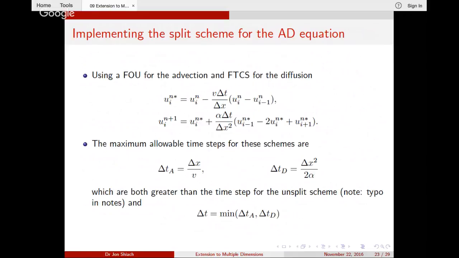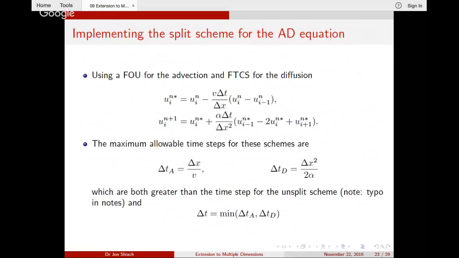Now, when we looked at advection and diffusion separately, that was the maximum allowable time step for the advection equation, and this was the maximum allowable time step for the diffusion. So what you do is you calculate this one, you calculate that one, and you pick whichever's smallest. If you don't pick the smallest one, what it will mean is your scheme would be stable for one term, but not for the other.